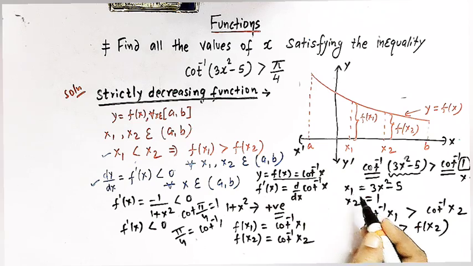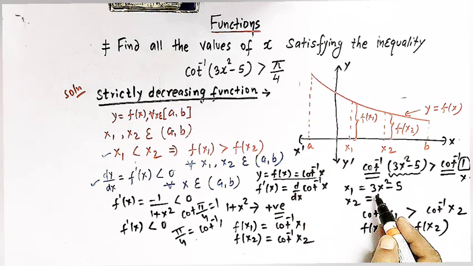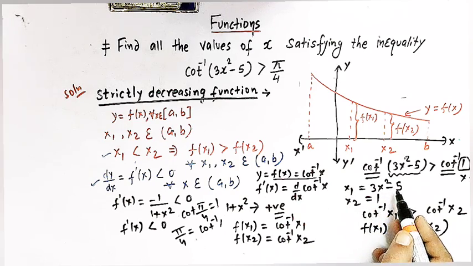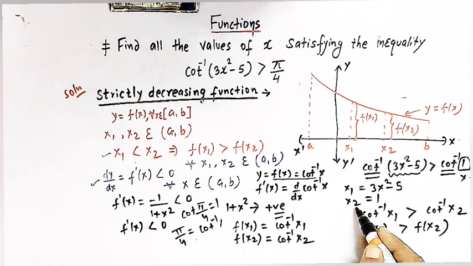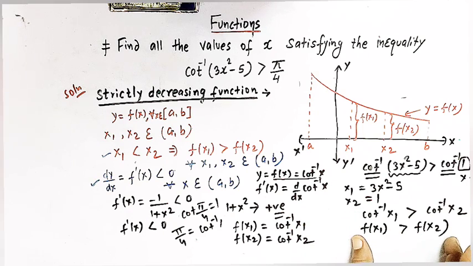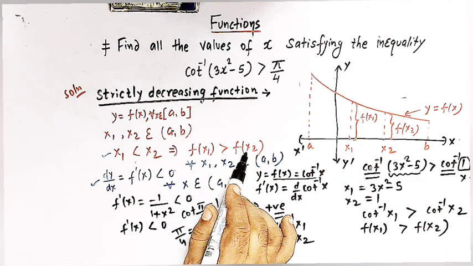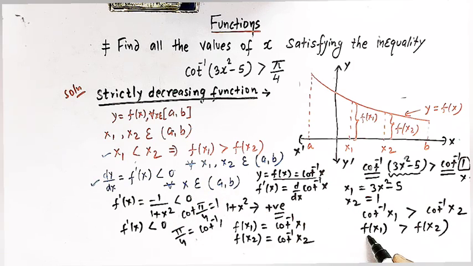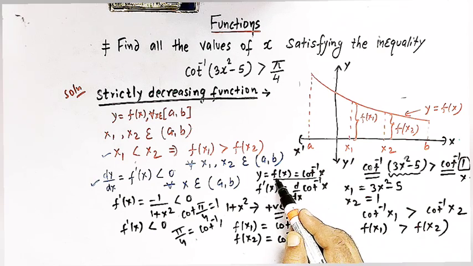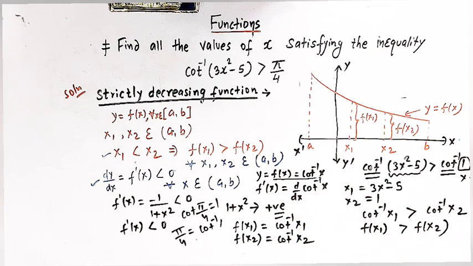So for the inputs x1 and x2, that is 3x square minus 5 as x1 and 1 as x2, we have this inequality, that is f of x1 is greater than f of x2, right? So when f of x1 is greater than f of x2 and the function f of x, cot inverse x, is a strictly decreasing function, so by this definition we must have x1 less than x2, right?